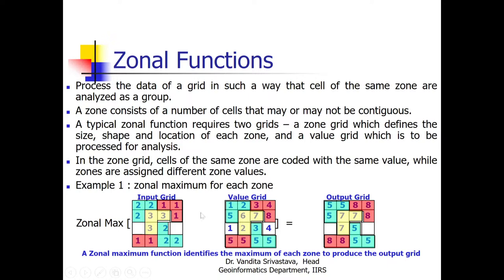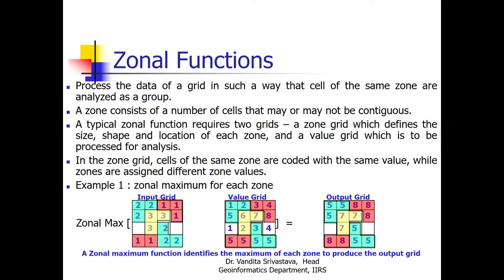So the entire zone 3 is now replaced by a value of 7. Here the 3 is not the value, it is the definition of the zone. But because we are taking the value from the value grid, this is representing the maximum value inside this zone. So it is a zonal maximum operation.